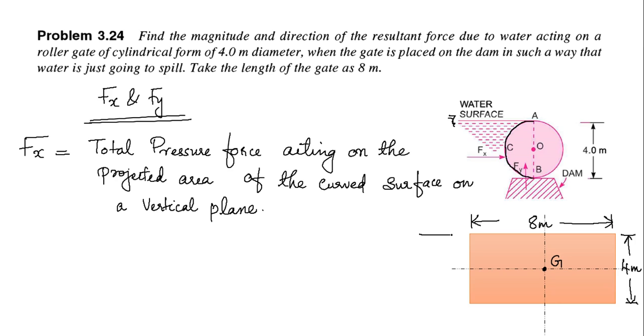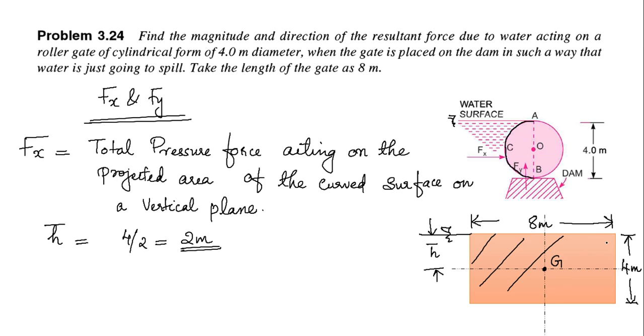So here since the water is about to spill, this will be the free water surface and this will be the position of center of gravity. Here h bar will be equal to 4 by 2, that is equal to 2 meter, and area of the projected surface capital A will be 8 into 4, that is 32 meter square.